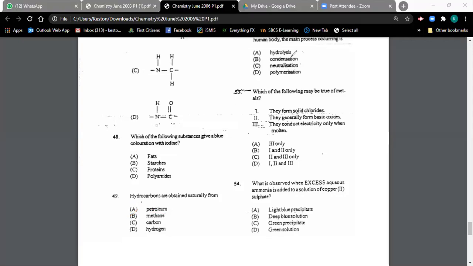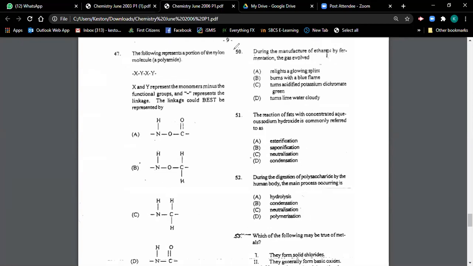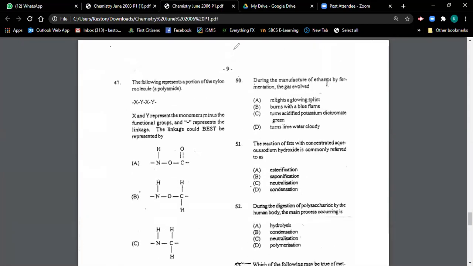Good. During manufacture of ethanol by fermentation, the gas evolved will be what?